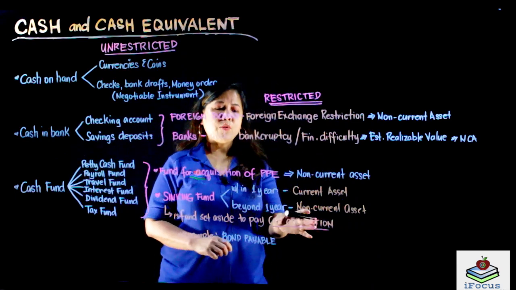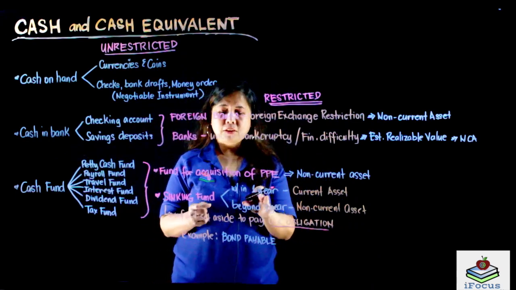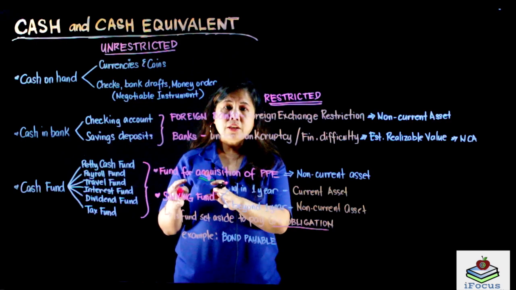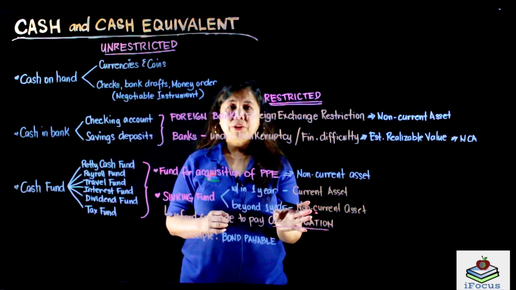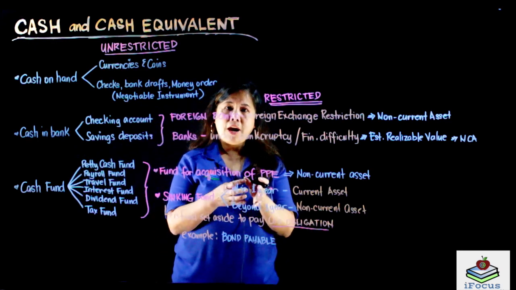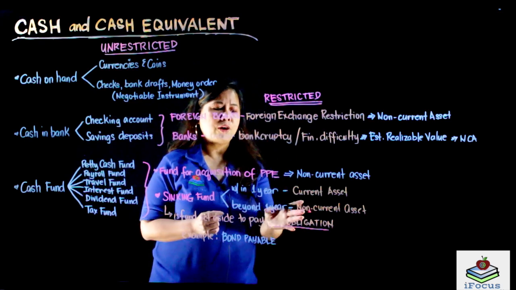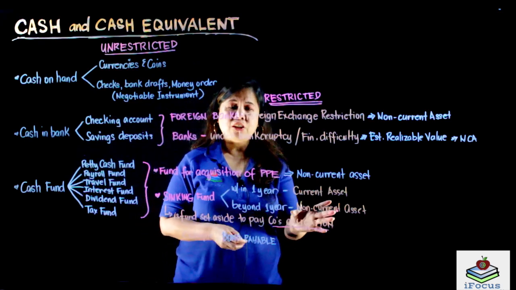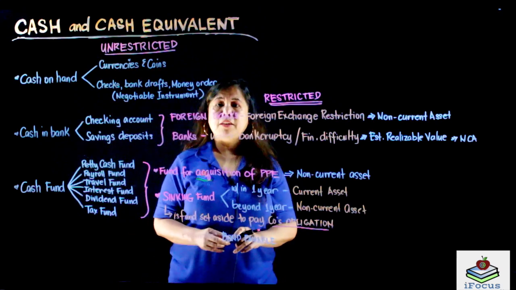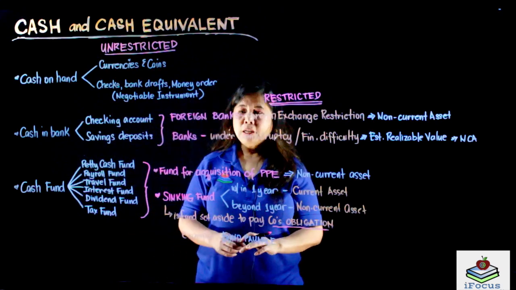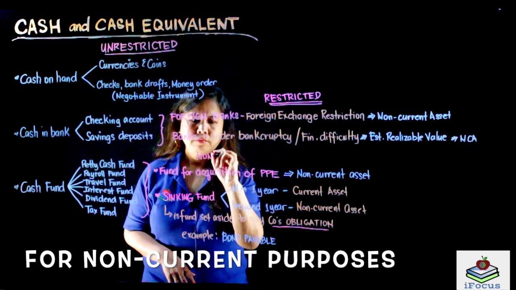If the company's obligation is due within the year, then the sinking fund will be classified as a current asset. Kapag ang company's obligation naman ay due beyond 1 year, portion of that sinking fund will be classified as a non-current asset. So these are the restrictions na pwedeng mangyari sa mga funds kapag restricted for non-current purposes.